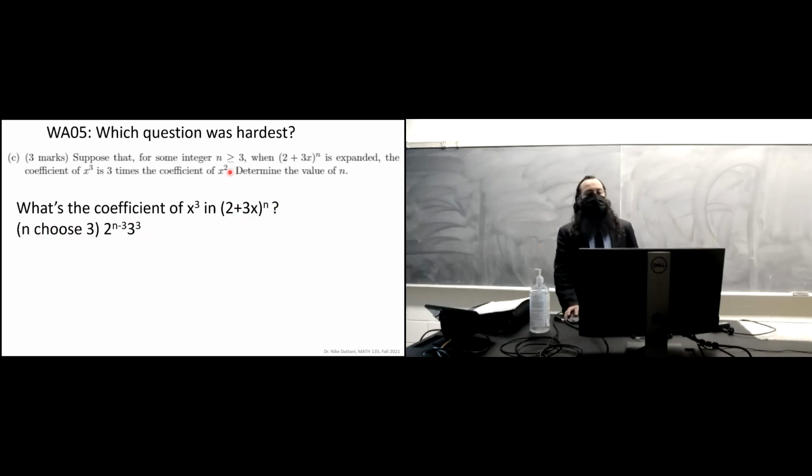They also talk about the coefficient of x squared in the same function. So what's the coefficient of x squared? Someone else now. Hey, come on, you already know it. Everyone forgot the binomial theorem? Let's get someone else.